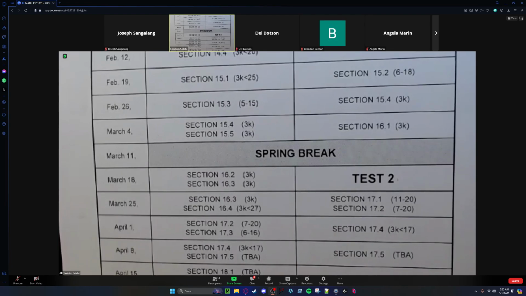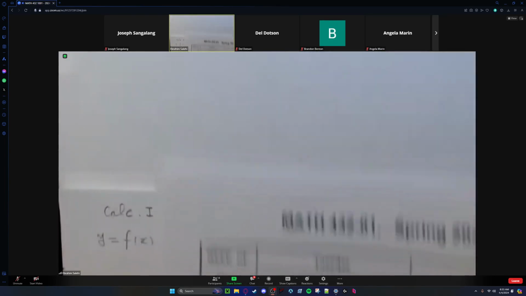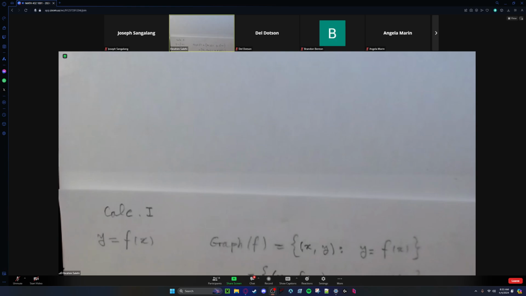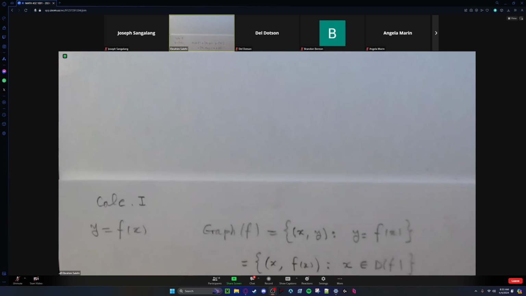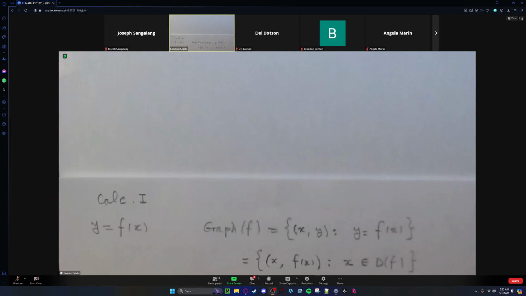And chapter 17 is about graphing, right? Now, when it comes to graphing, let me take you to calculus, or even pre-college algebra, pre-calculus. When you are dealing with a function of one variable in calculus 1, the graph of this function is defined to be the set of all x, y such that y is f of x.